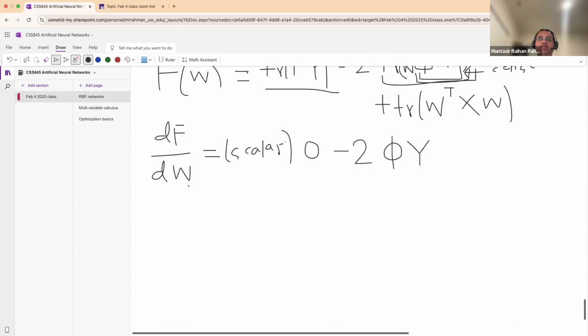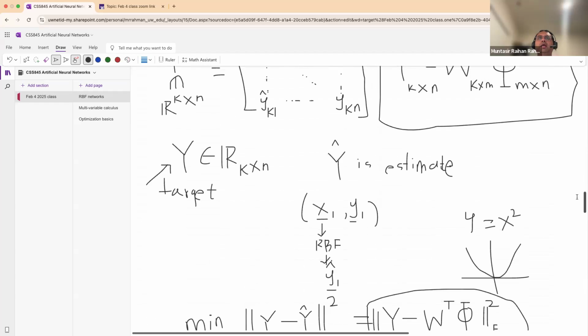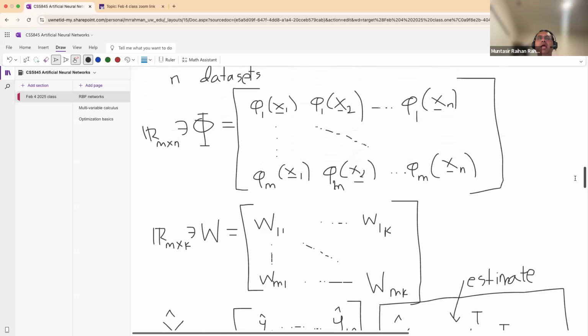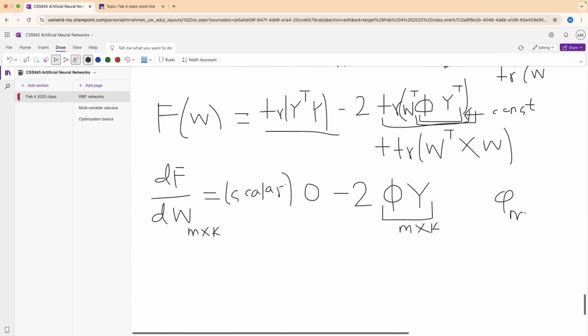The dimension of this has to be m by k, and that means this whole thing has to be m by k. And now let's check the dimensions of phi. What is the dimension of phi? If you look back, phi is m by n, right? So far so good.